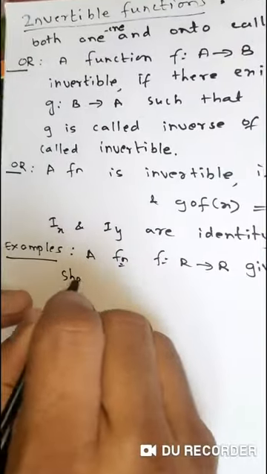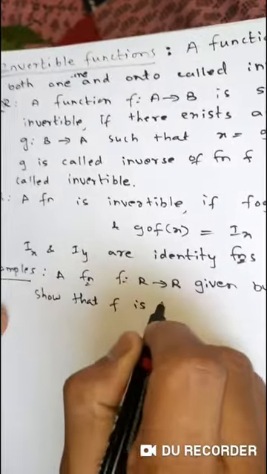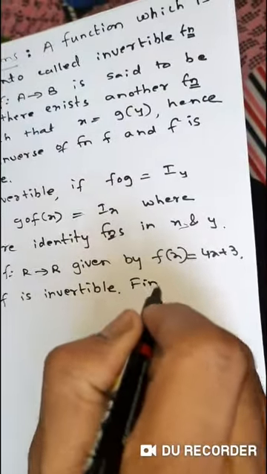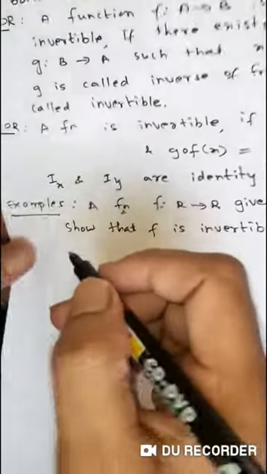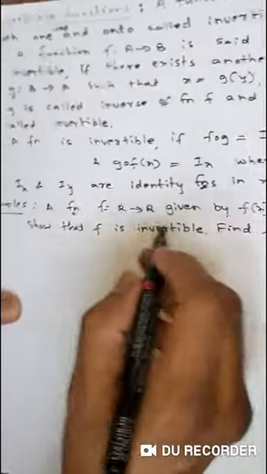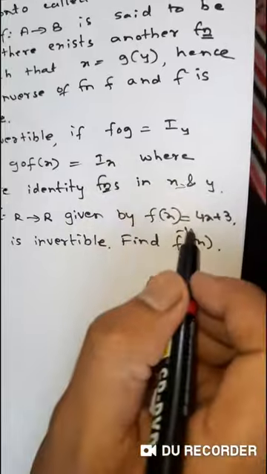Show that f is invertible and find f inverse of x. This is very important for 5 marks for the theory part and also important for CET. So using the first definition, we have to prove this function is 1-1 and onto, then we find the inverse of the function.